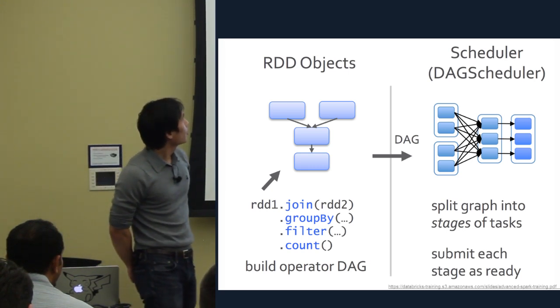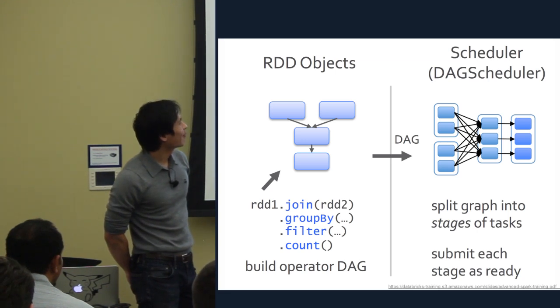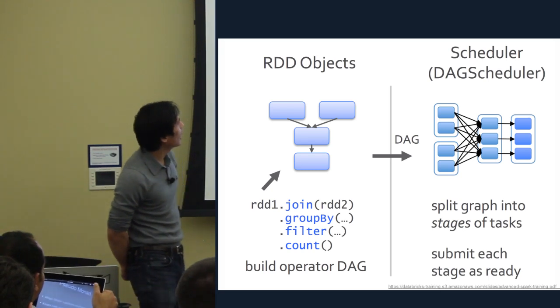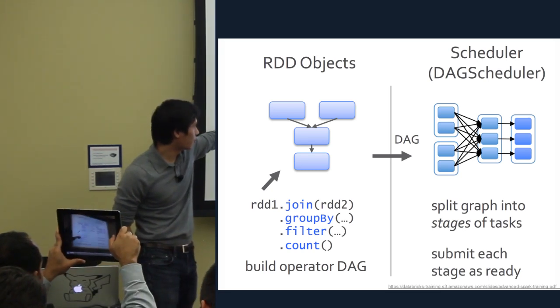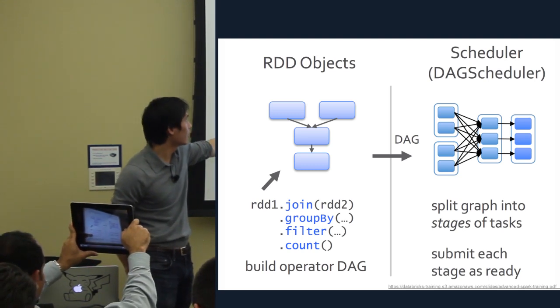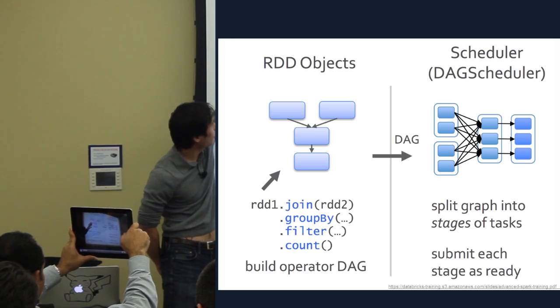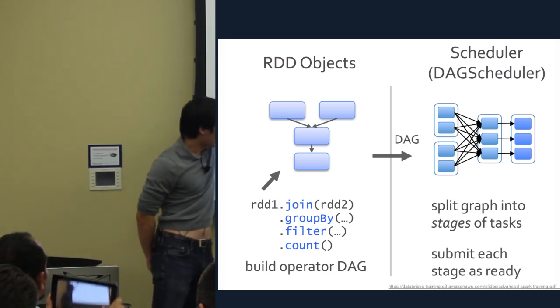Okay. So here's a visualization of how RDDs get executed. So here's the RDD query. We have a join, we have a group by, we have a filter, and then we're doing a pass. So the join, we're joining the top two boxes, and the group by, and then the filter operation is right here.